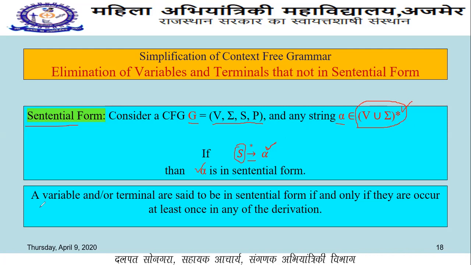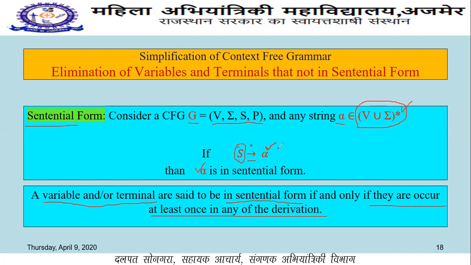Therefore, in other words, we can understand it like this: variables and terminals are said to be in a sentential form if and only if they occur at least once in any derivation, for the derivation of any string also. Okay, hope you understand this.